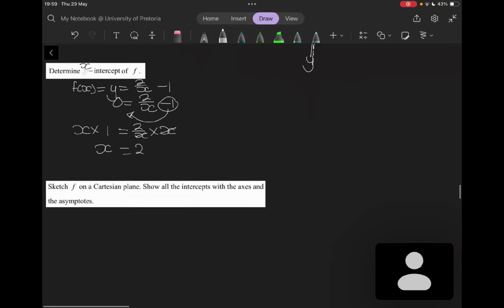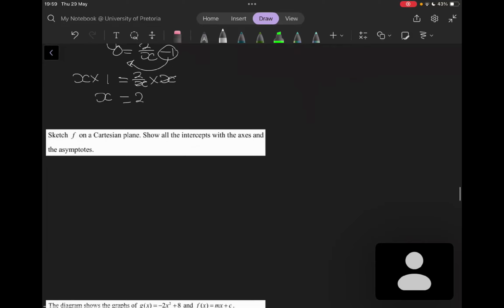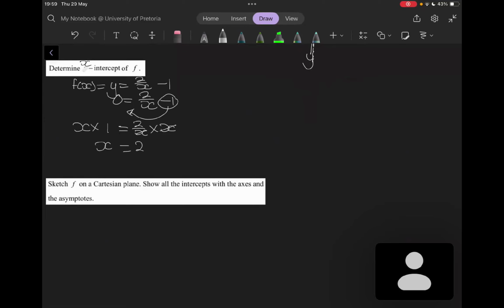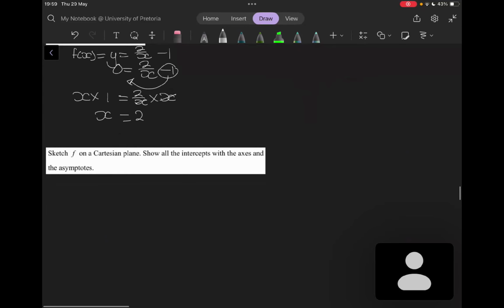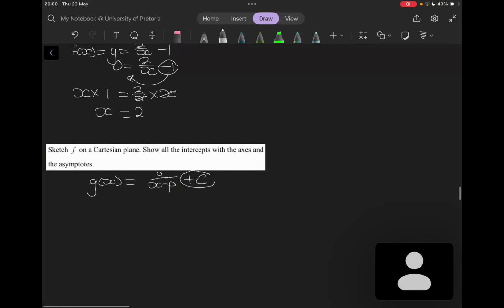Now it's asking us to sketch f on a Cartesian plane. Show all intercepts with the x-axis and the asymptotes. This is straightforward if you know what a hyperbola looks like and how transformations are applied. Let me just show you one thing. If we have, for example, g of x is equal to a over x minus p, plus c, this over here tells us the amount of units it shifts in the y direction, on the y-axis.